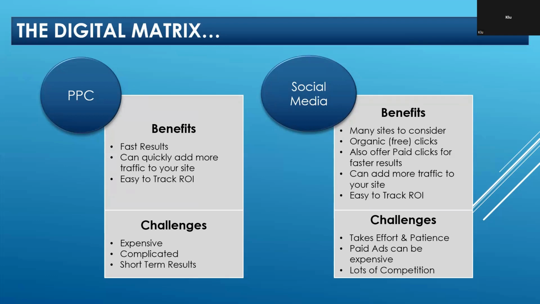The downside is that it's costly to use this method. I like to employ both SEO and pay-per-click. Both methods have their benefits and drawbacks, but I like a combination of both.